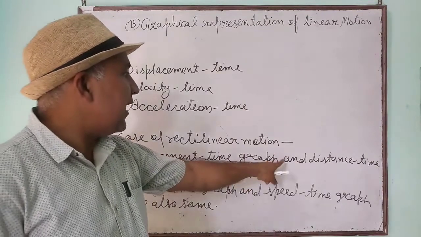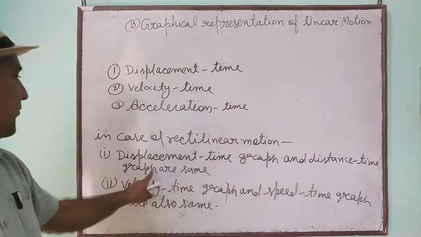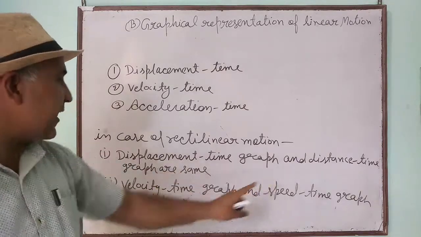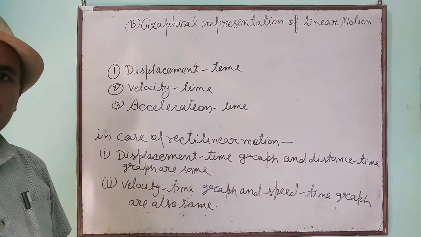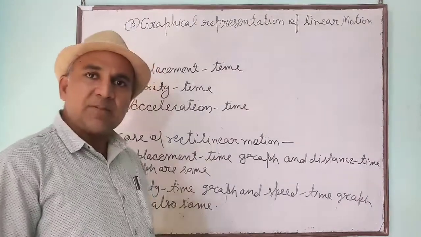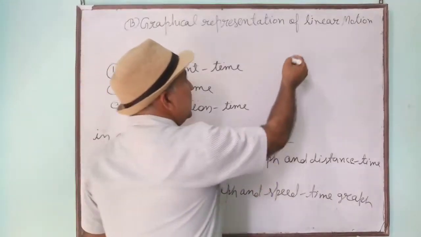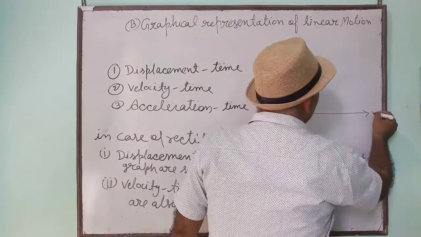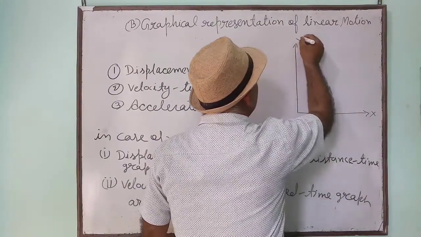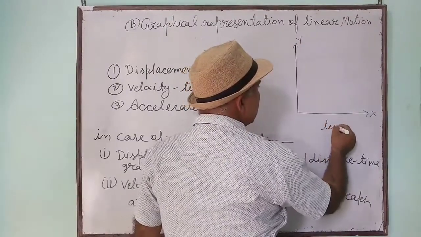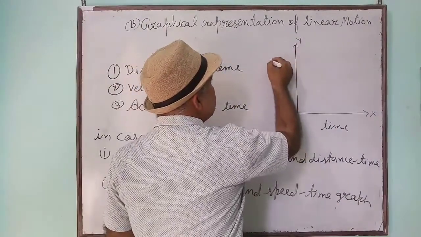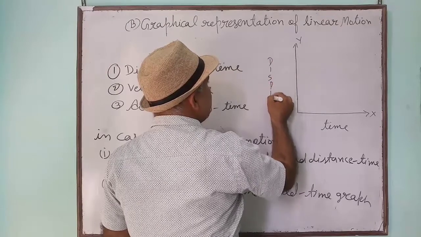Displacement time graph and distance time graph are same. Velocity time graph and speed time graph are also same. When we represent the displacement time graph, on the x-axis we take time and on the y-axis we take displacement.